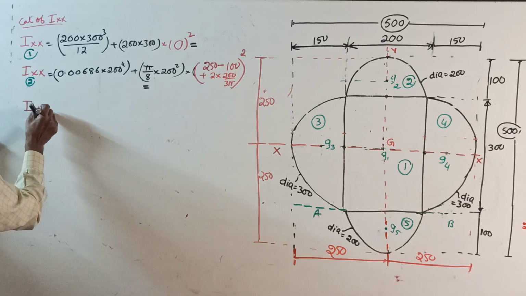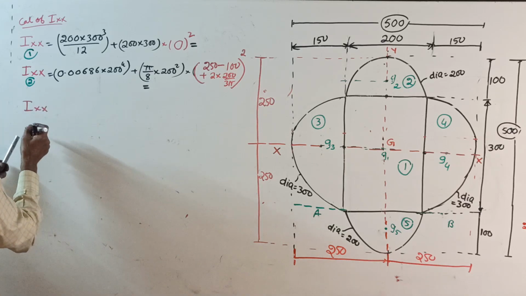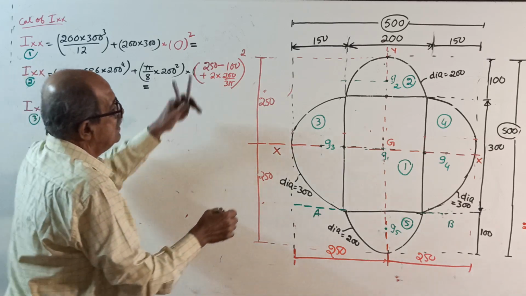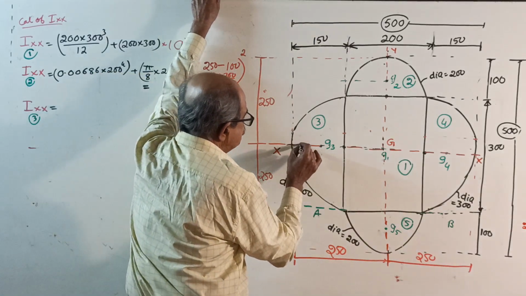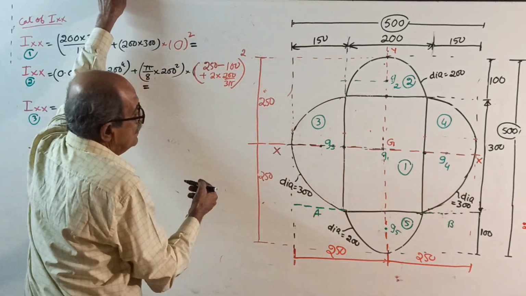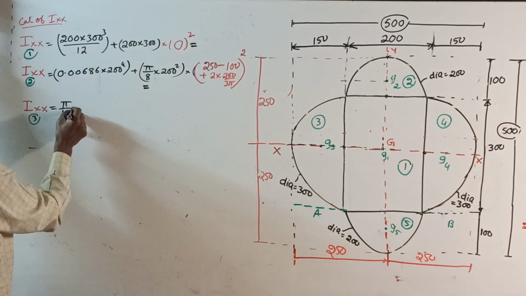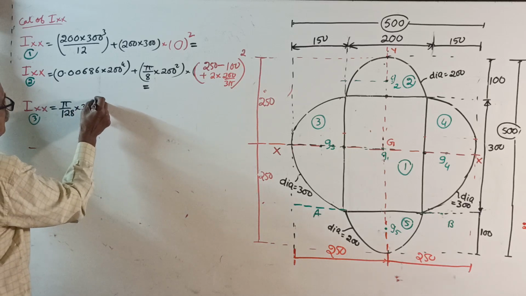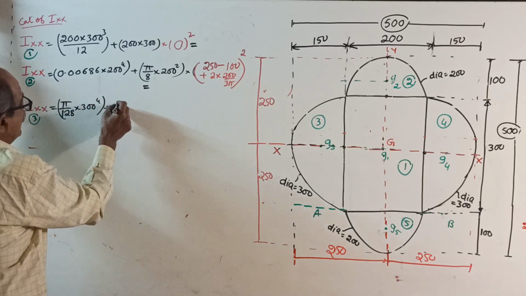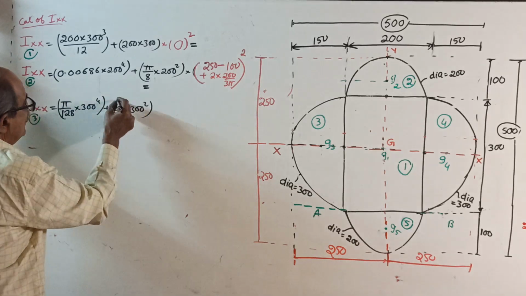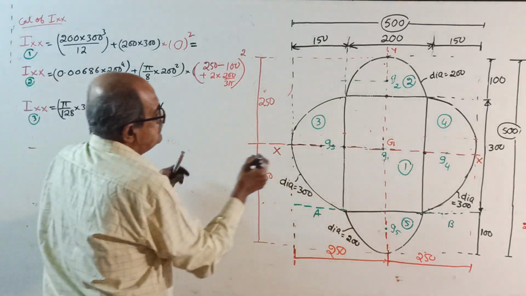Then IXX for 3 is equal to I about its own centroidal axis, pi by 128 into diameter power 4, plus area pi by 8 into diameter square is the area, into distance.